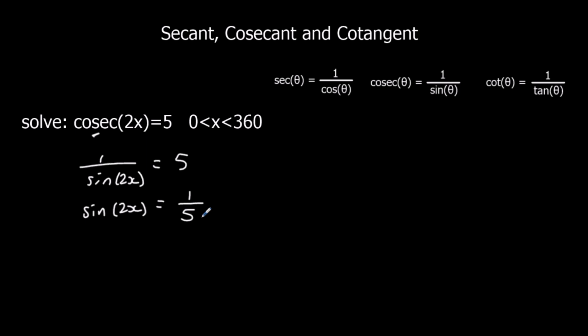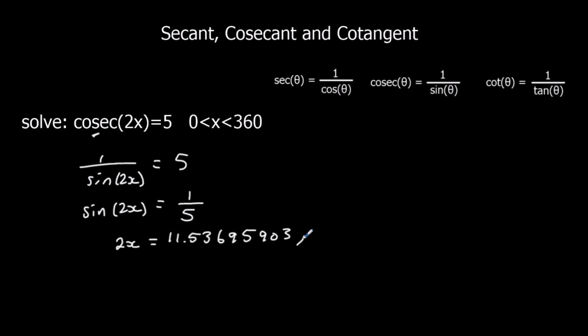So we're going to shift sine 0.2, or 1/5, making sure we're in degrees this time. So 2x equals 11.53695903. Going to keep the whole number because we're going to be dividing these answers by 2 this time. So either store it in your calculator or keep the whole number.